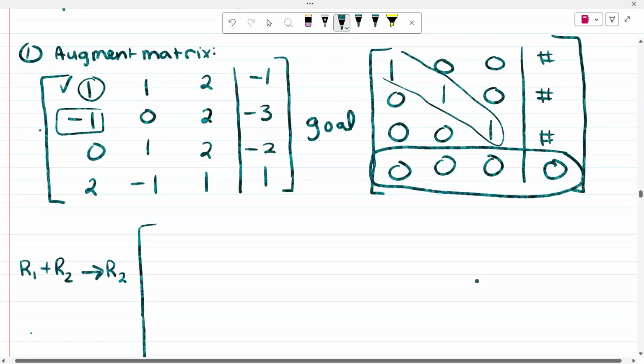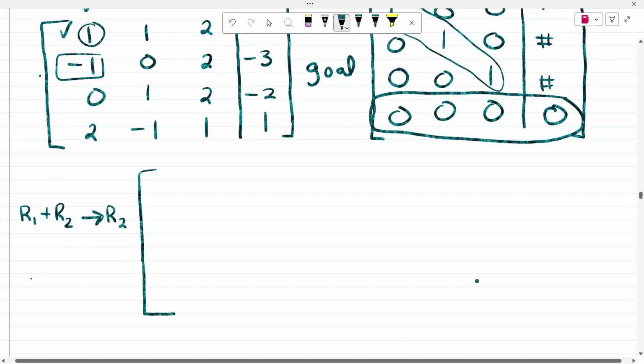Okay, so start with, what's my first number in row 1? 1, plus what's my first number in row 2? -1. Add them up, gives you a 0. So your first number for your new row 2 is 0. Keep on going. Second number in row 1 is 1, plus second number in row 2 is 0. Add them up, 1 plus 0 is 1. Keep on going.